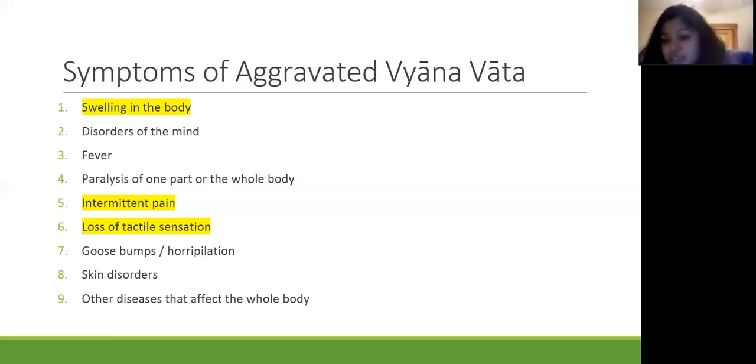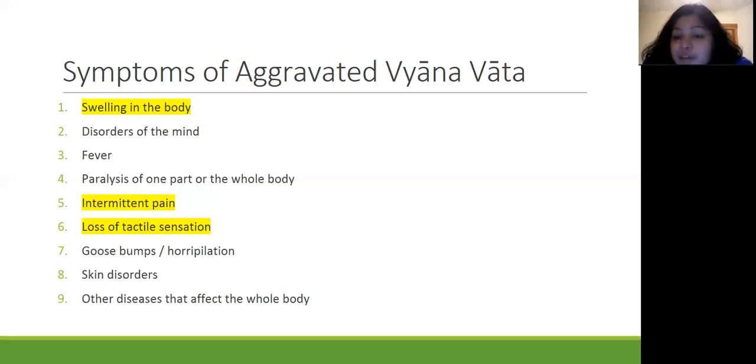If, for instance, it's circulating somewhere else and stuck somewhere else, and it's not allowing movement of that particular part, then of course it can cause paralysis in one part of the body or the whole body. And this is exactly what we saw in the case of Pakshagada, and in the case of hemiplegia, and some of these other upper motor neuron lesions, okay?